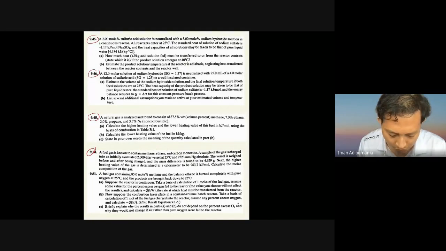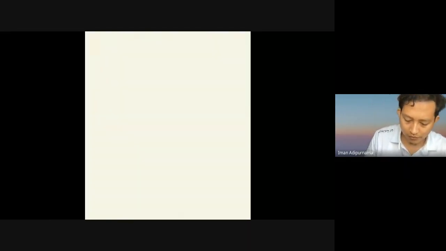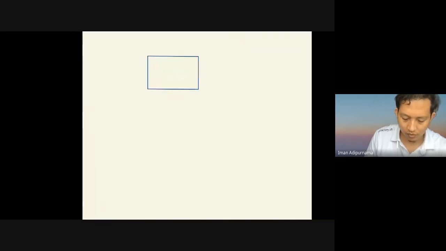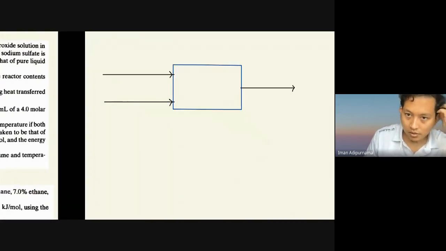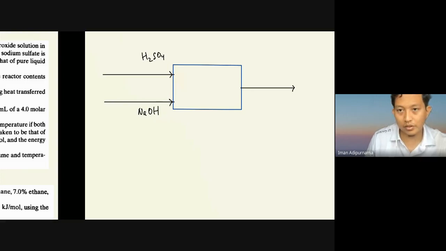Sulfuric acid and sodium hydroxide, those two components are the feed streams. So first is acid and natrium hydroxide. Okay, let me write the information.